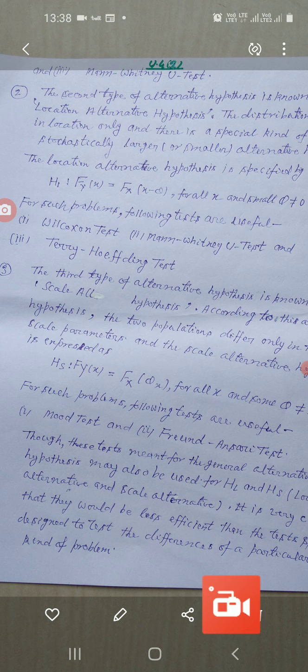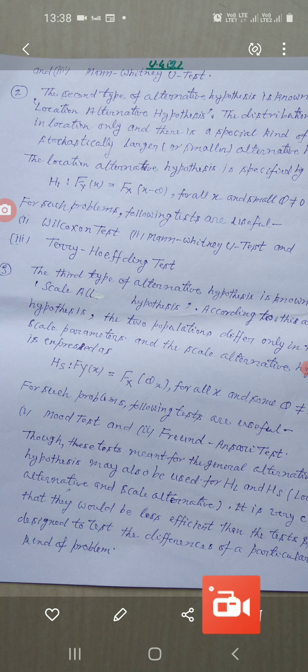So we have discussed three situations of alternative hypothesis under two sample problems. So this is your two samples problem.